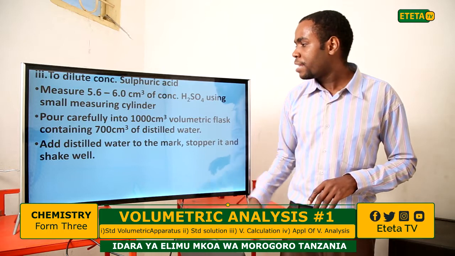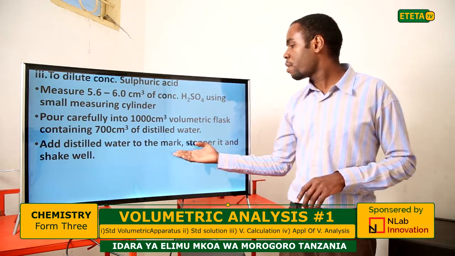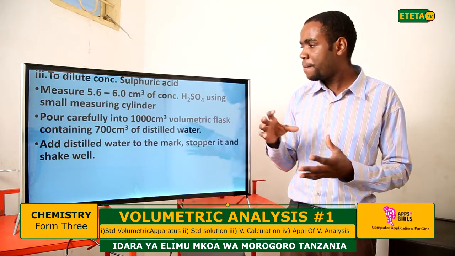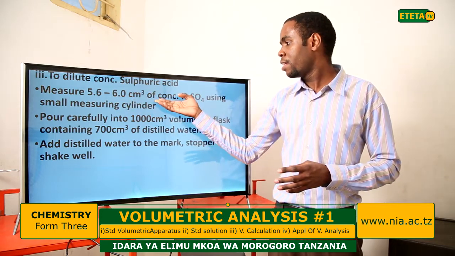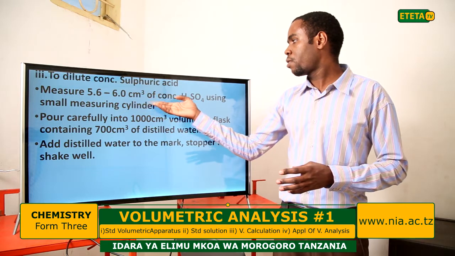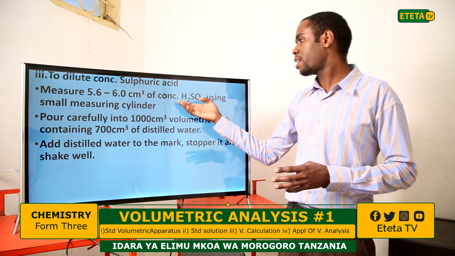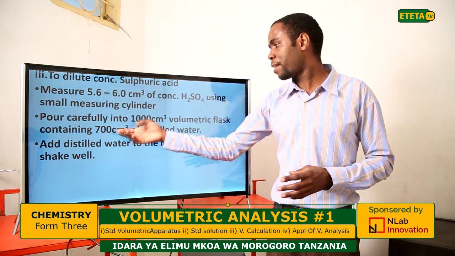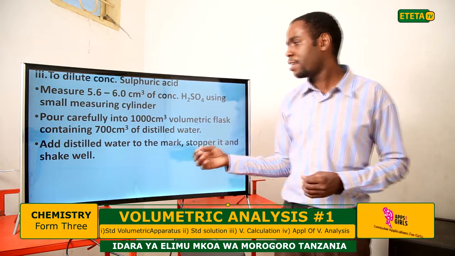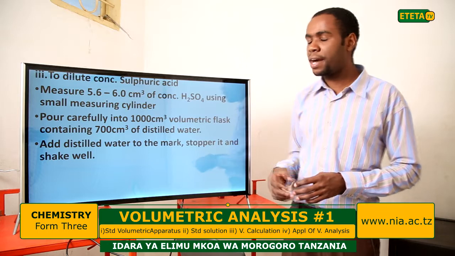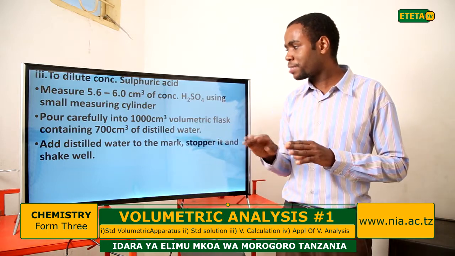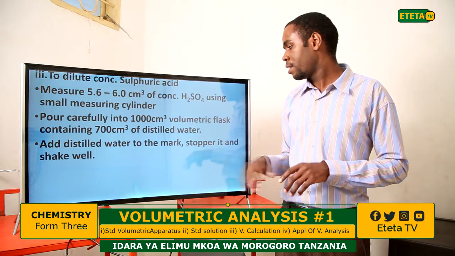Then thirdly, add distilled water to the mark. After pouring the concentrated sulfuric acid which we measured earlier into the volumetric flask, we add distilled water to the mark, up to 1000 centimeter cube.